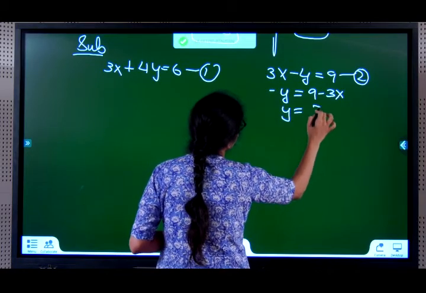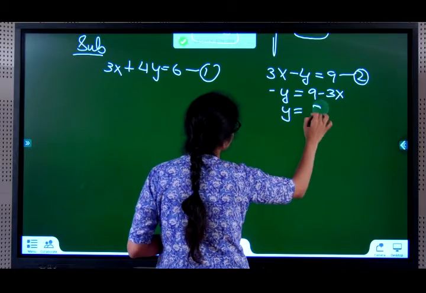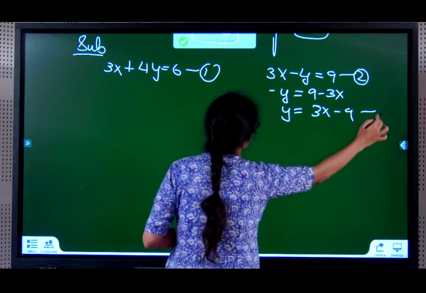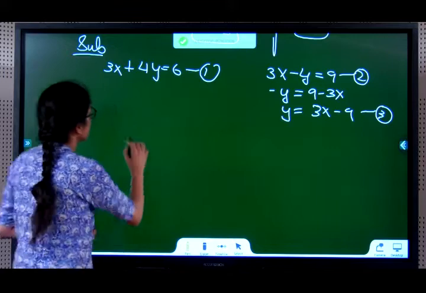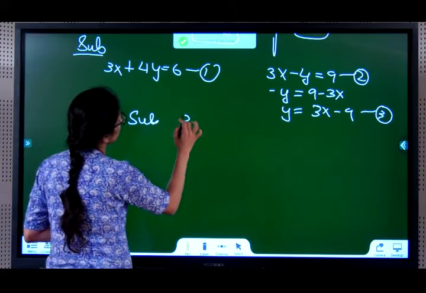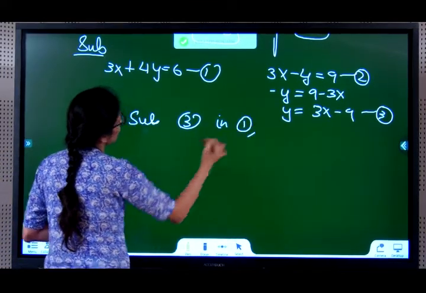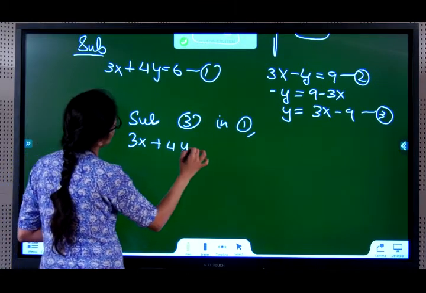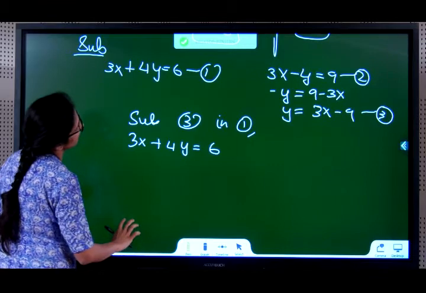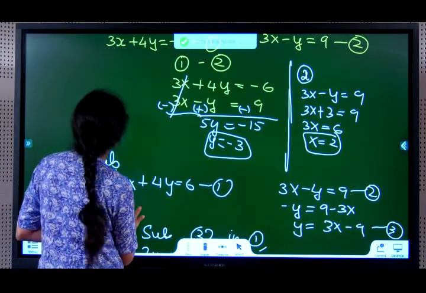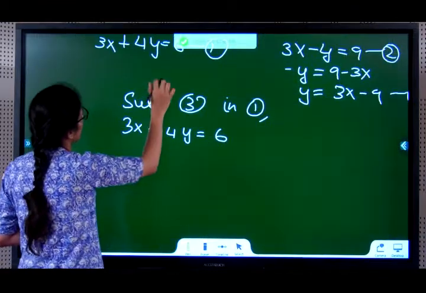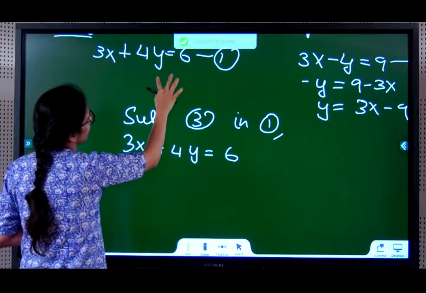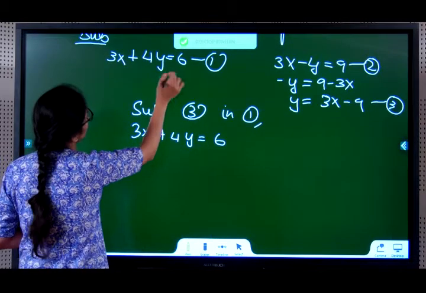Y is equal to, multiply the whole thing with a negative sign, 3x minus 9. Call this equation 3. Substituting 3 in 1. 3x plus 4y is equal to 6. Was it 6 or minus 6? It's minus 6? Yes. So be careful while copying your questions correctly.